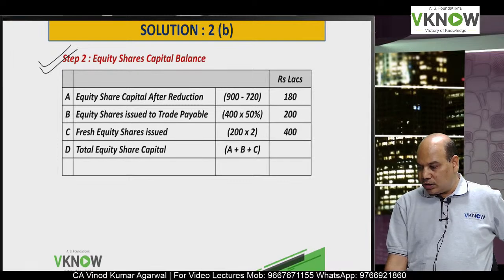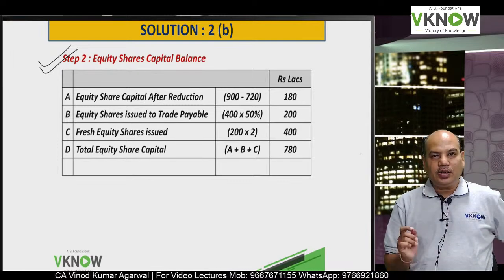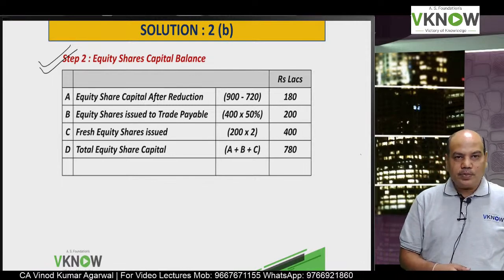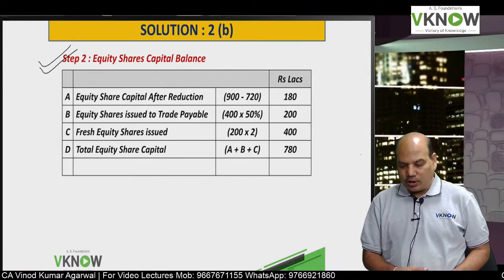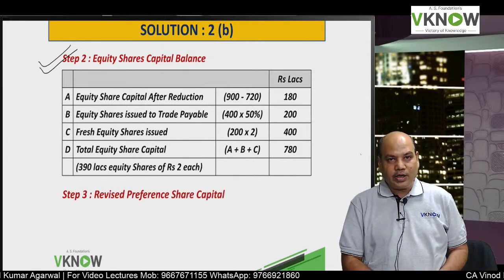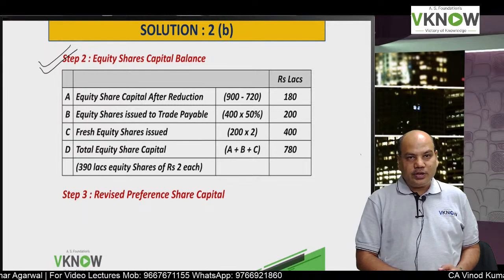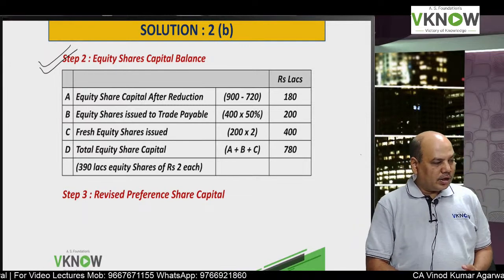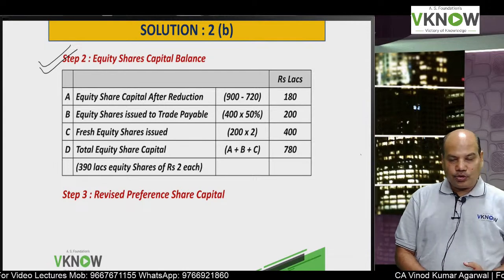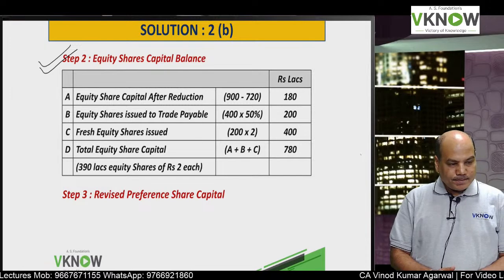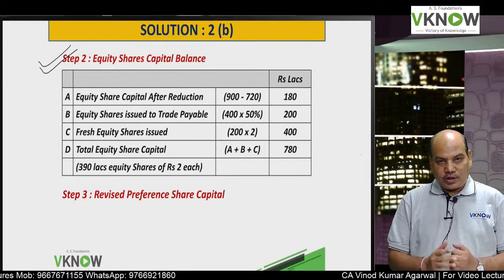So total equity share capital in the balance sheet would be 780. In bracket write down 390 lakh equity share of rupees 2 each. Any query, please ask, I'll wait.